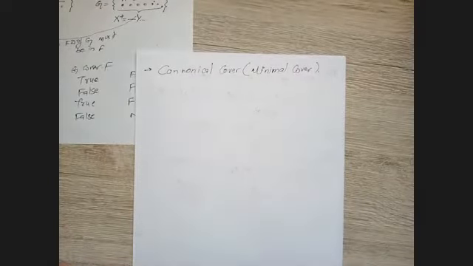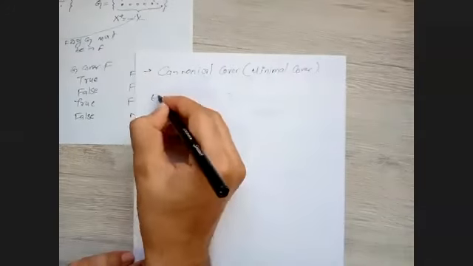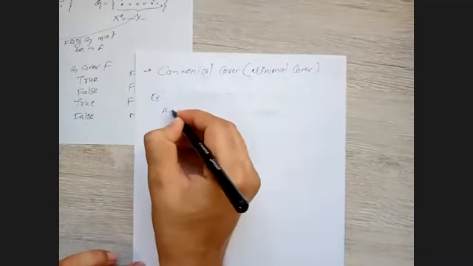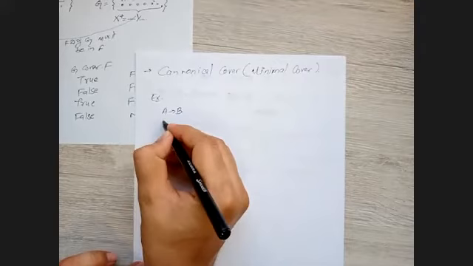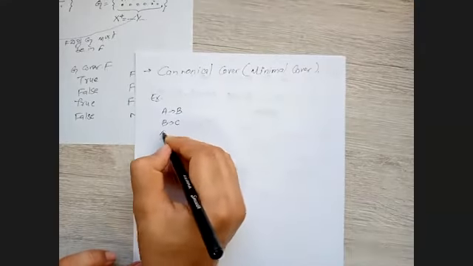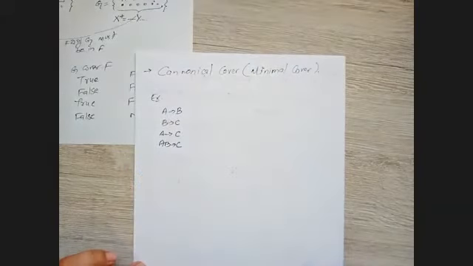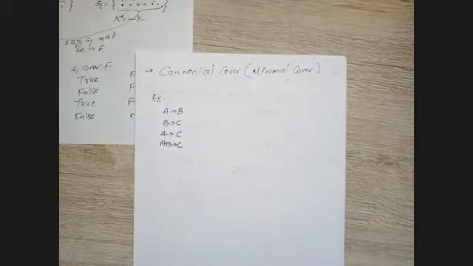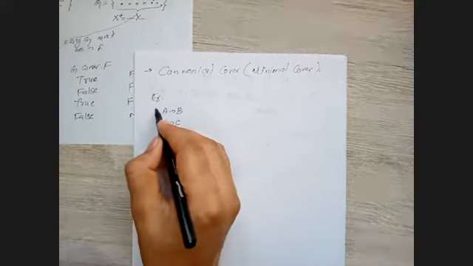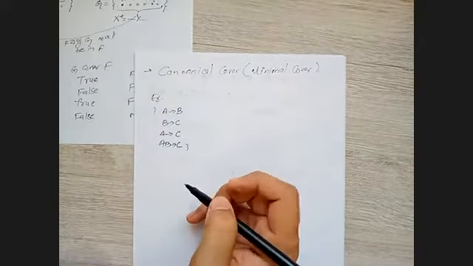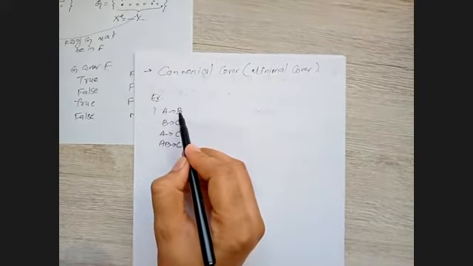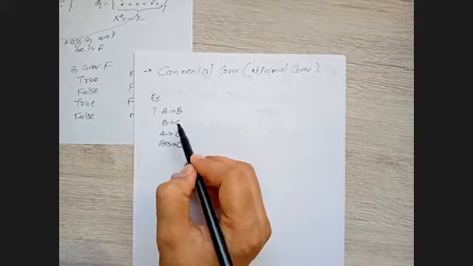So how will we identify that? Let me make you understand with an example. I have the functional dependencies A determines B, B determines C, and A determines C. A determines B, that's fine. B determines C, that's fine.